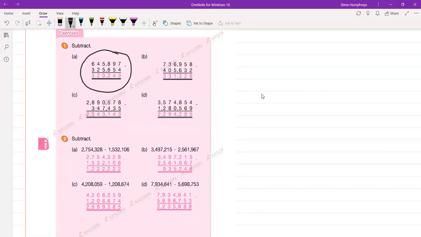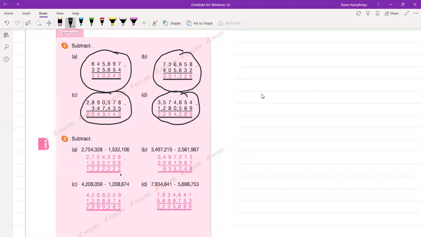Subtract. Number 1, A. B. C. And D. Okay, and then more. Look at all these numbers. They're all very neat, and the numbers in the columns are in the right places, one above each other.